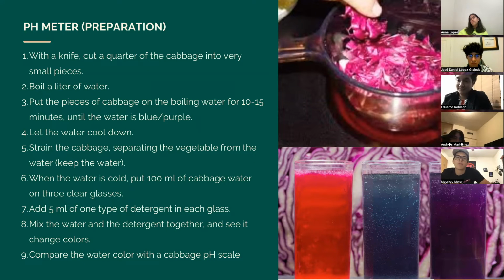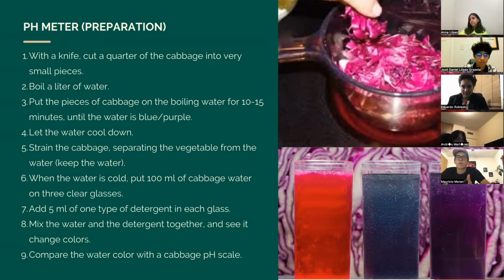Now the pH meter preparation. First, with a knife, cut a quarter of cabbage into very small pieces. Then boil a liter of water and put the pieces of cabbage in the boiling water for about 10 to 15 minutes until the water is blue or purple. Let the water cool down, and then strain the cabbage, separating the vegetable from the water, and keep the water, obviously.